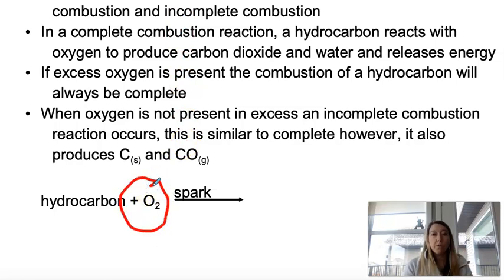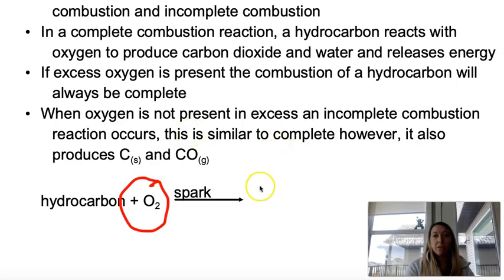As we go through the different types of reactions, similar to grade 10, we're always going to have something in our reactants that tells us it's a certain type of reaction. Whenever we see plus O2, we're going to recognize that it means combustion.